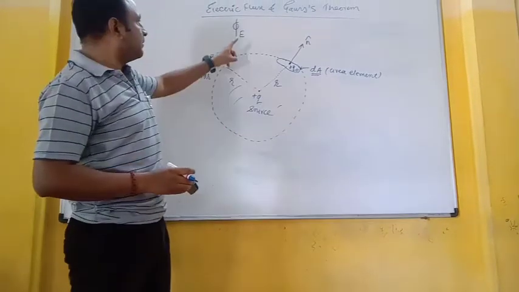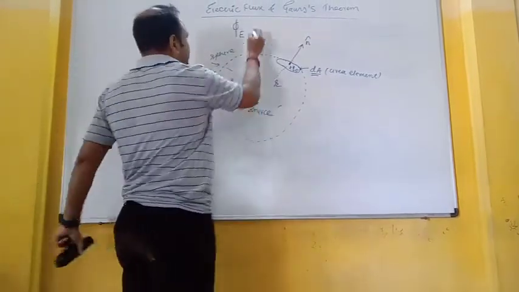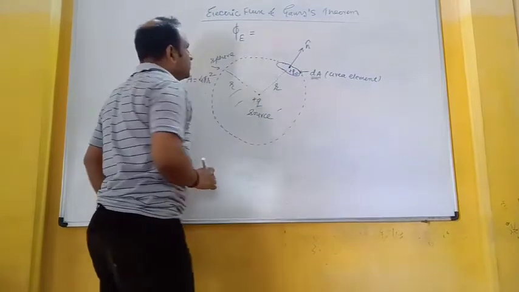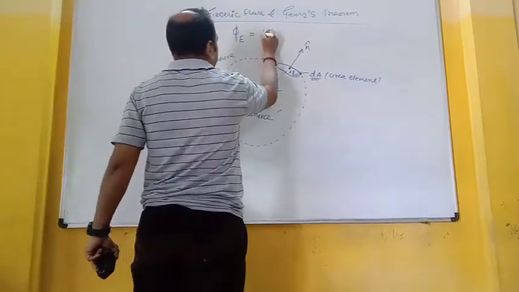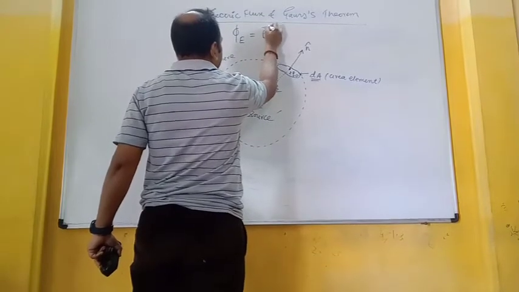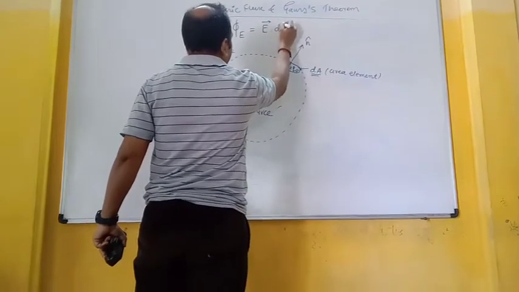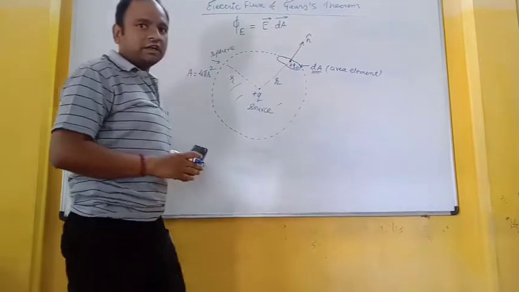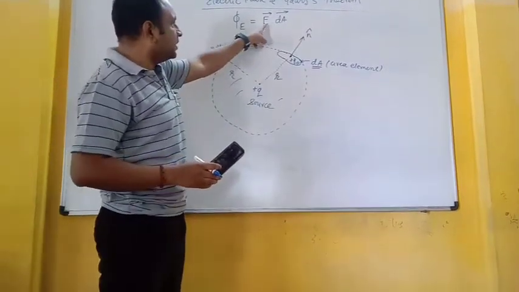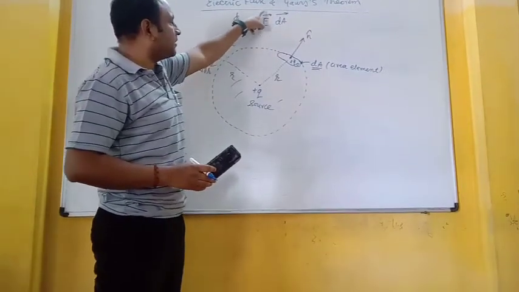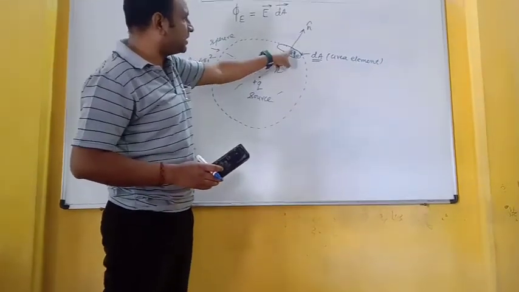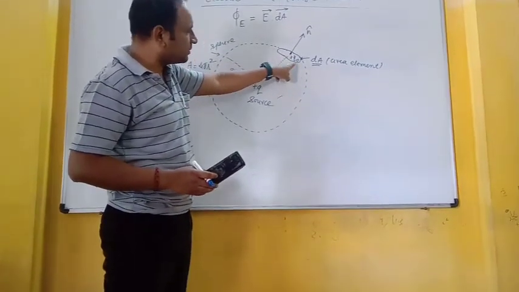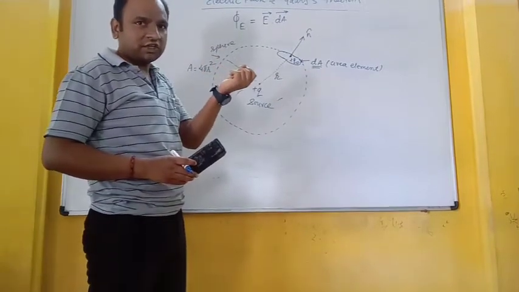We define phi E, the electric flux, as the dot product of E and dA, E dot dA. Here E is the electric field intensity at the point where we have placed our test charge.